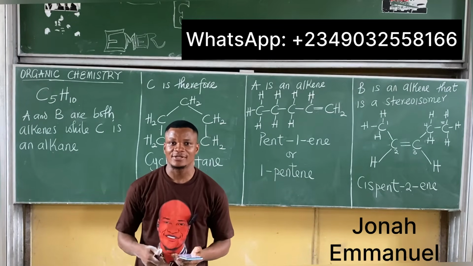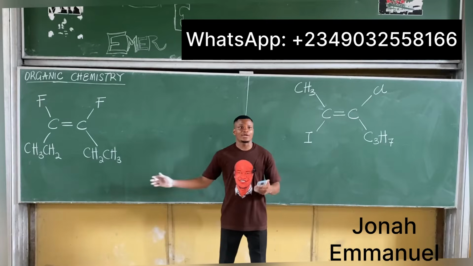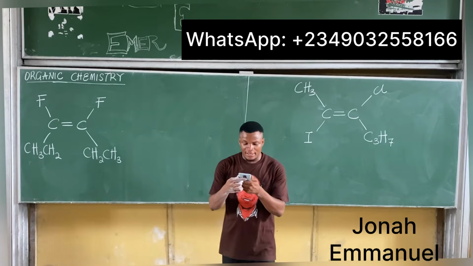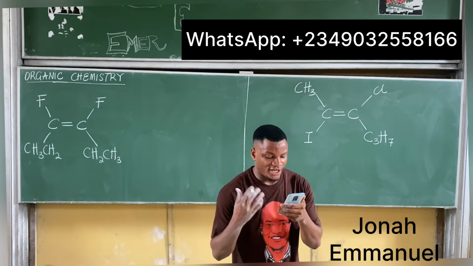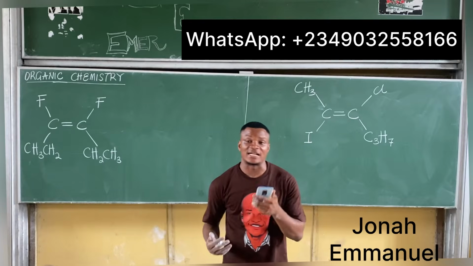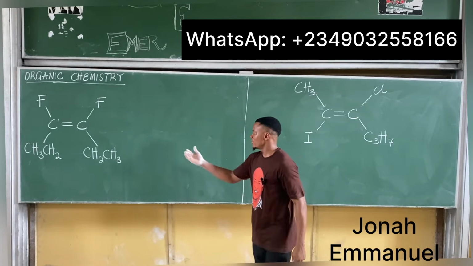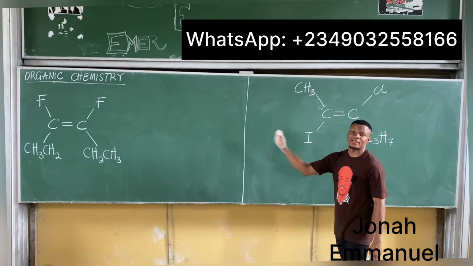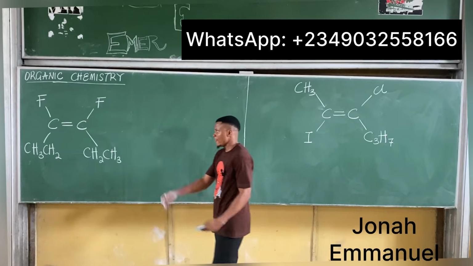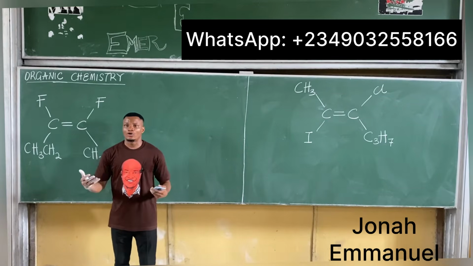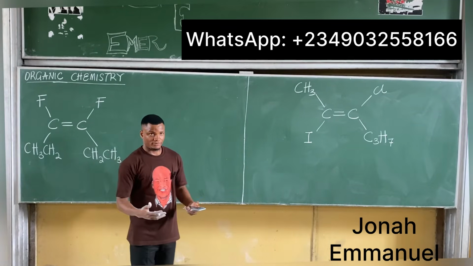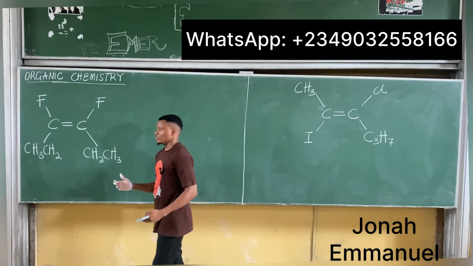Let's proceed. Here's another class question. It says, give the names of the geometric isomers below. So you have this and this. Let's name this. How do you name this first? First things first, do your numbering. Now listen, use your eyes.